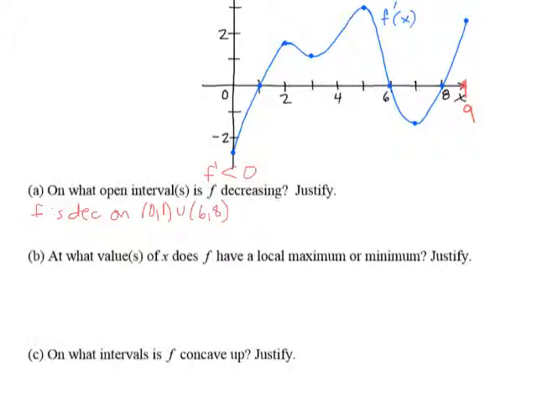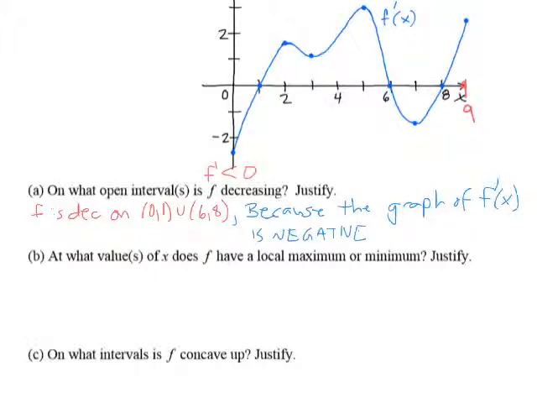And then we need our justification. And we always base our justification off of what we're given. And we're given the graph of f prime of x. So we write because the graph of f prime of x is negative on these intervals.